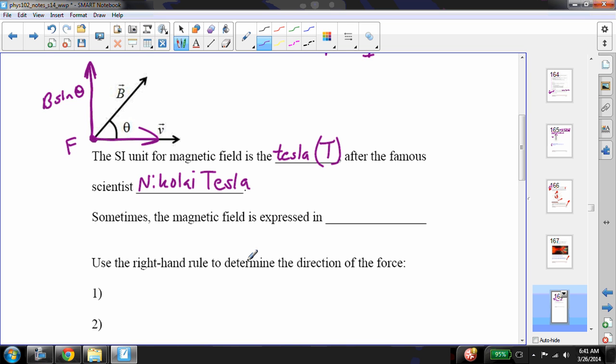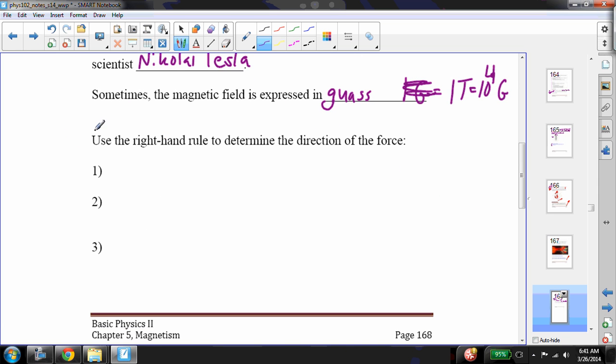Sometimes the magnetic field is expressed in Gauss. I won't use this, but sometimes you might see it. 1 Tesla is equal to 10 to the 4th Gauss. That's 10,000 Gauss.